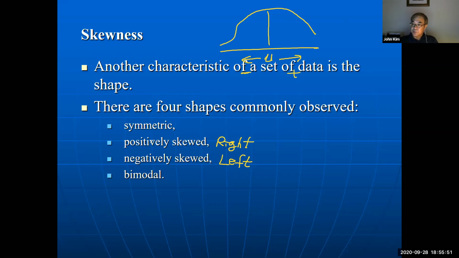Positively skewed means the right side is longer. Negatively skewed means the left side is longer. And then bimodal has two peaks, while this one has only one peak.